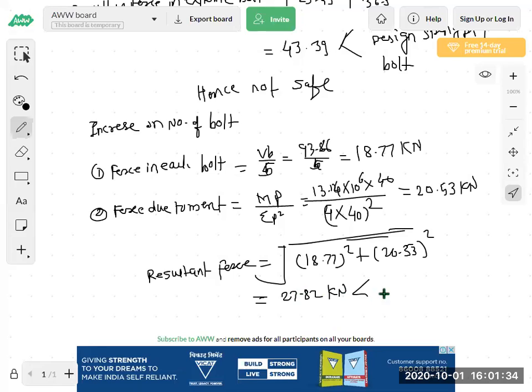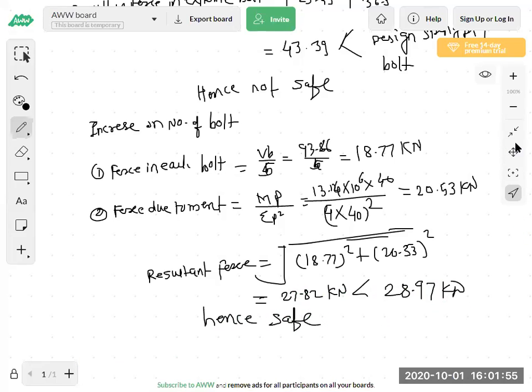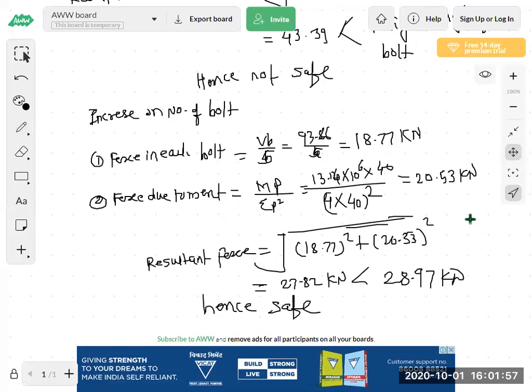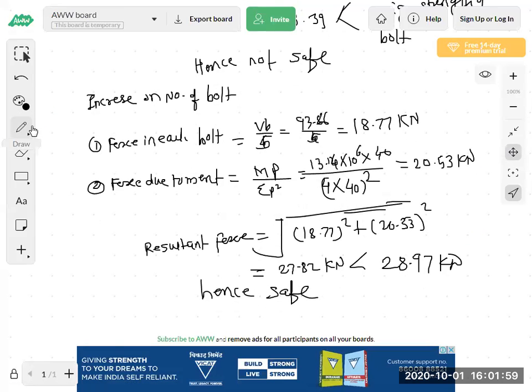It should be less than design strength. Design strength किती आहे? 28.97 kilonewton. It means now safe. Okay, hence safe. Correct. So in this way we have to design the batten system.